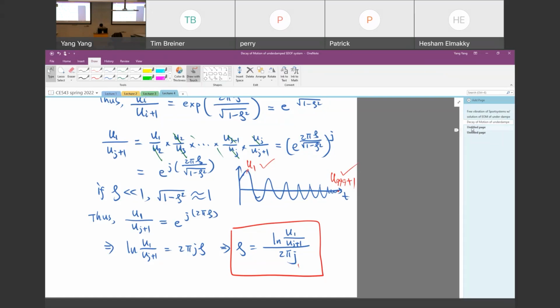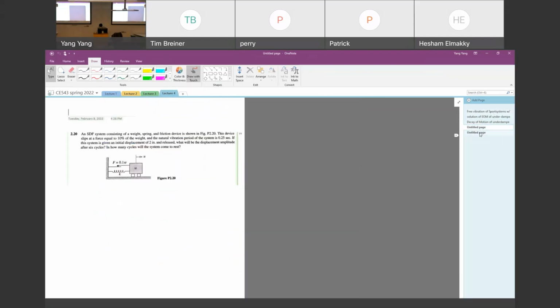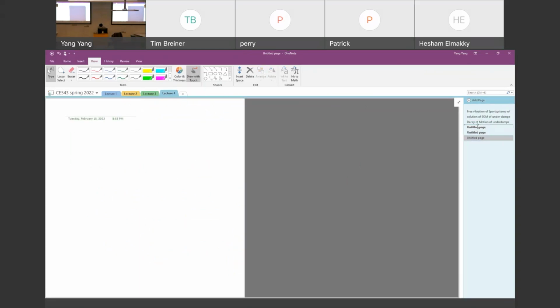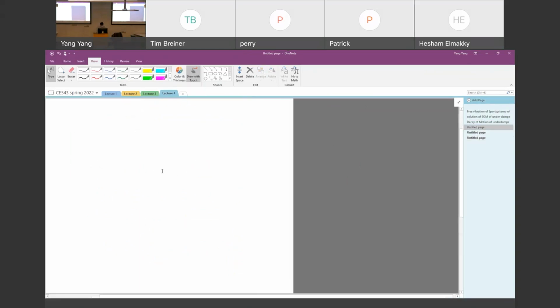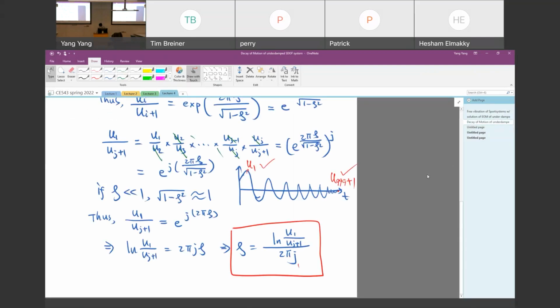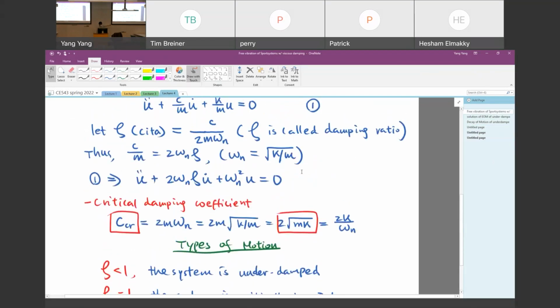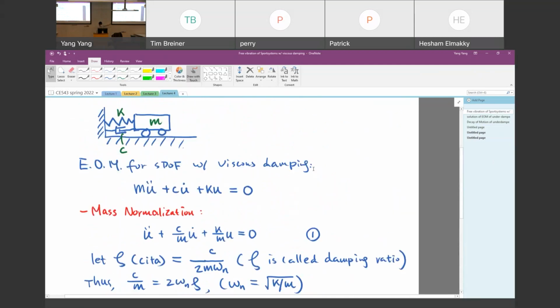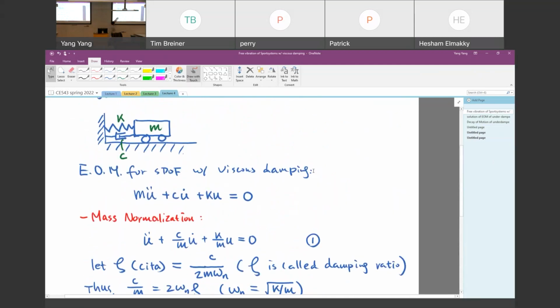So let's talk about another type of damping. Initially, please keep in mind that the damping ratio here is only for viscous damping, and the equation of motion we used here is only for viscous damping.